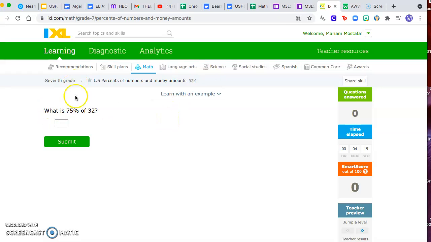So the first thing is, whenever you find a percent of a number, all you do is multiply the percent with that number. So you are trying to figure out part of 32, right? So 75% of 32.